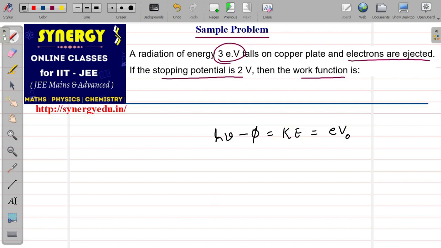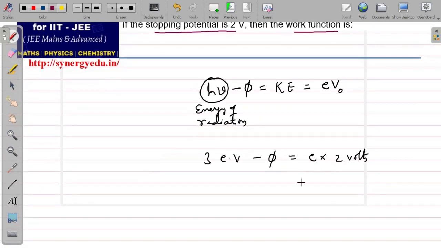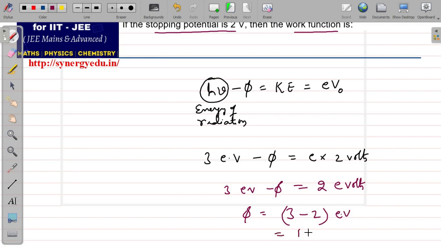Here h nu, the energy of the photon or radiation, is given in the problem itself, that is 3 electron volts. So 3 electron volts minus the work function must be equal to e into 2 volts. The voltage is given as 2 volts. So I will write e into 2 volts as 2 electron volts, and the work function is 3 minus 2 electron volts, which is 1 electron volt.